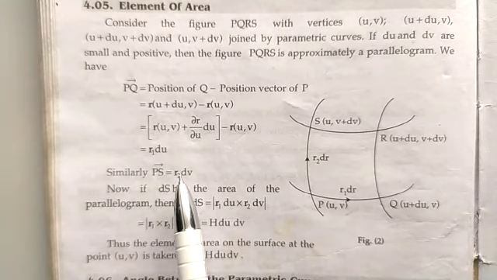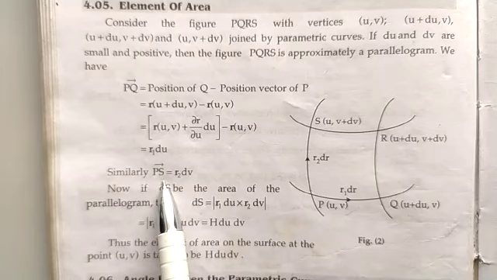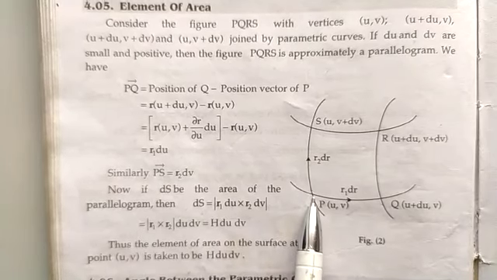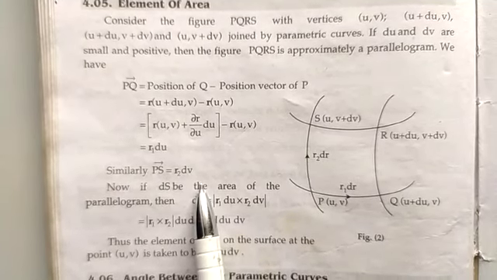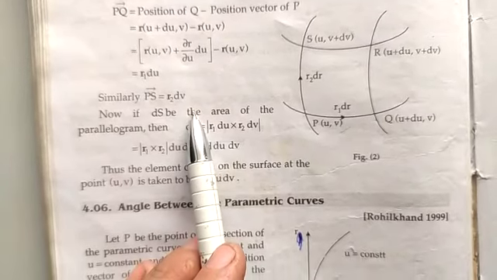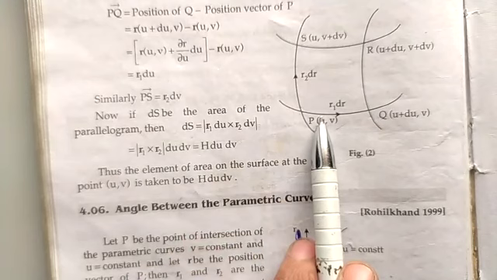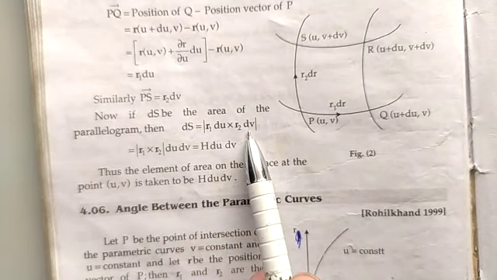In the same way, by using the definition of the position vector and Taylor's theorem again, we get the value of the vector PS, which is r2 dv. Now we have obtained two adjacent sides of the parallelogram. By definition, the area of the parallelogram is given by the magnitude of the cross product of the two vectors.